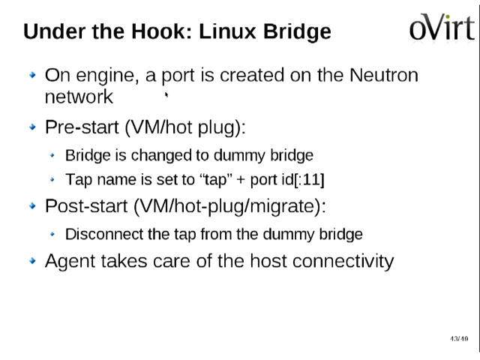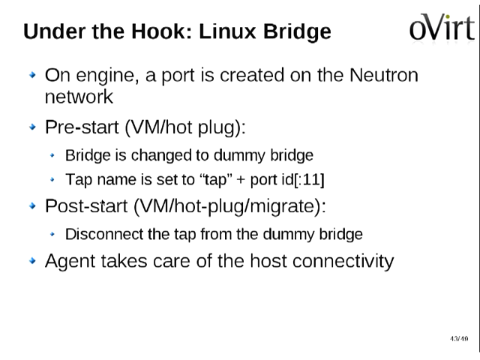We create a port and we say we have to connect the cable somewhere. And here we have two hooks, because there's an oVirt limitation that we can't have a dangling tap. We can't create a VNIC and have a cable that's not connected anywhere. So what we do, we actually connect it to the dummy bridge and just set the correct name, tap and something, so that the agent can find it when it's calling.